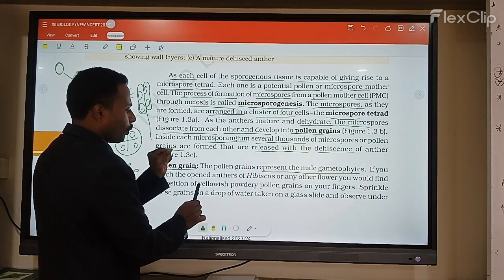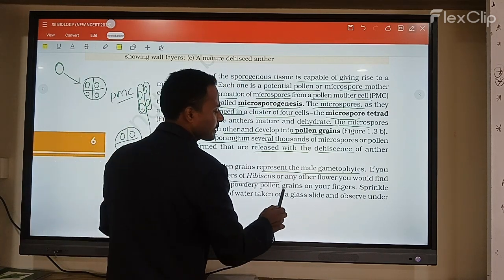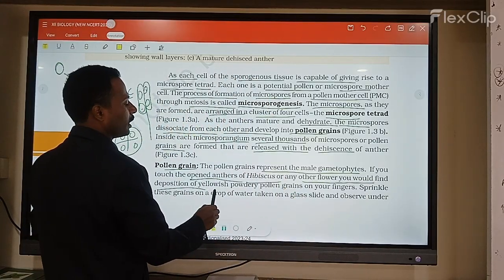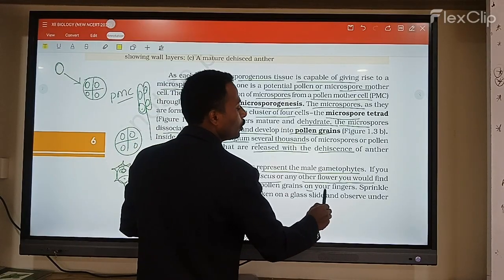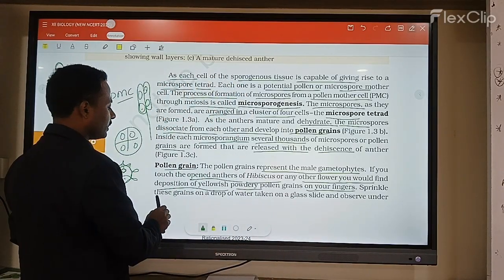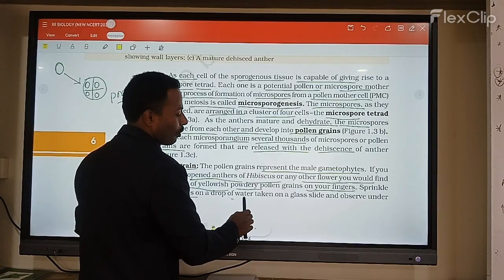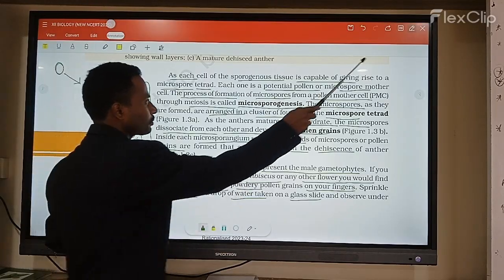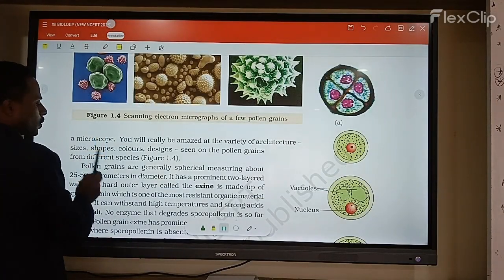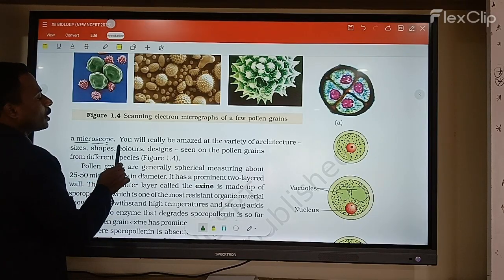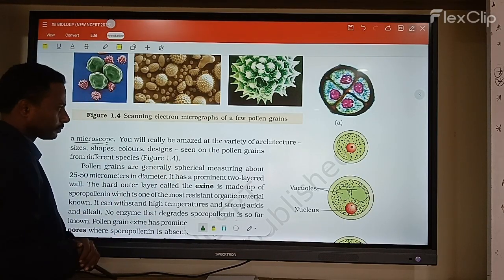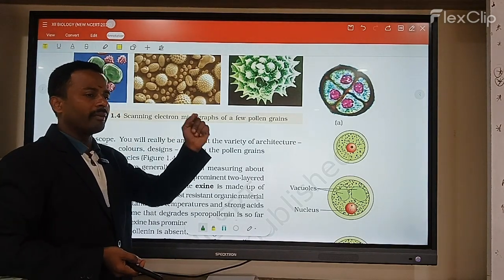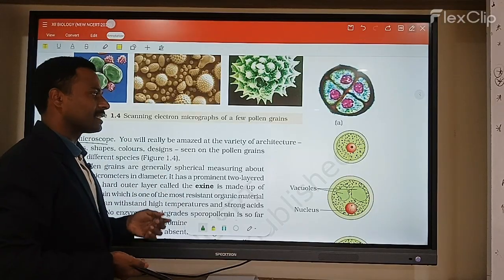If you touch the open anther of hibiscus or any other flower, you will find a deposition of yellowish powdery pollen grains. Sprinkle these pollen grains with your fingers, or in a drop of water on a glass slide, and observe under a microscope.